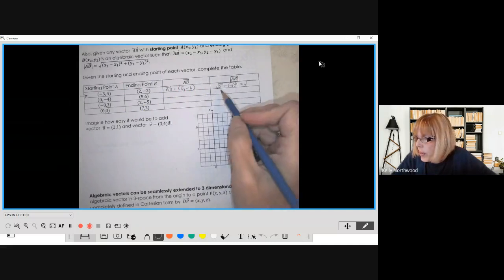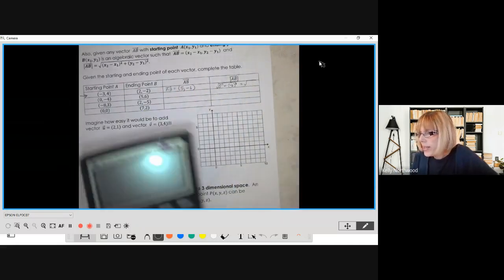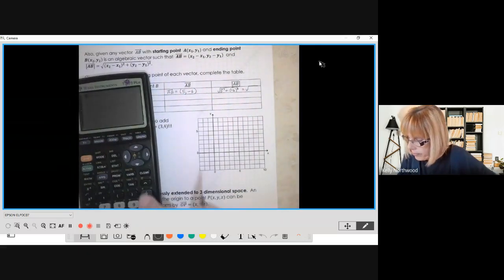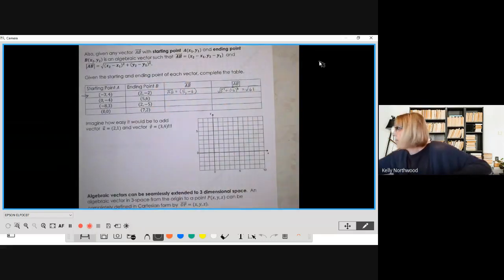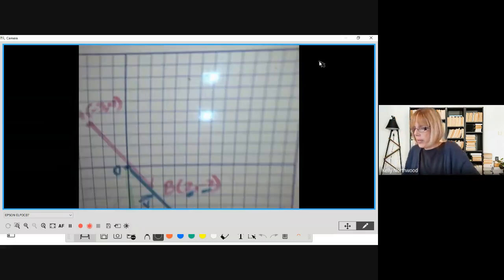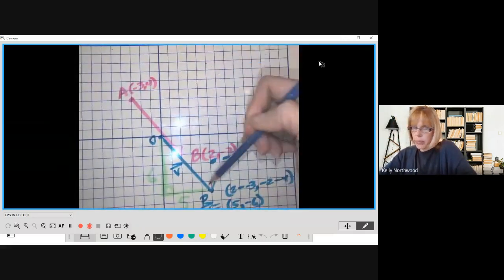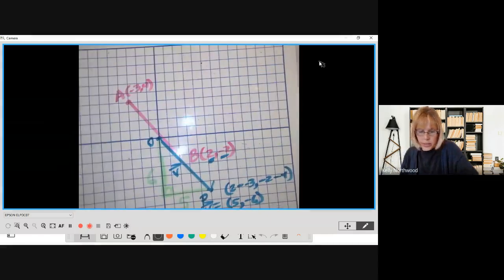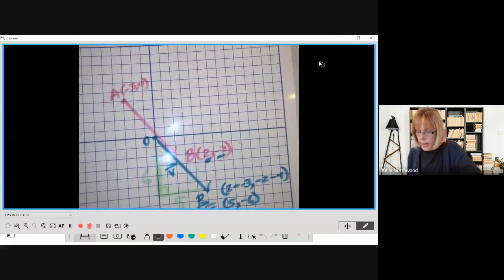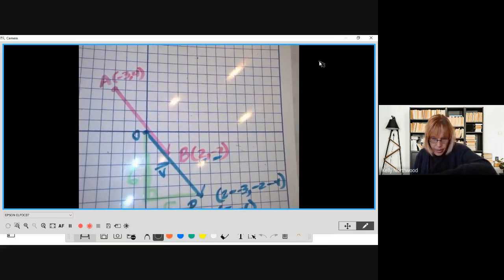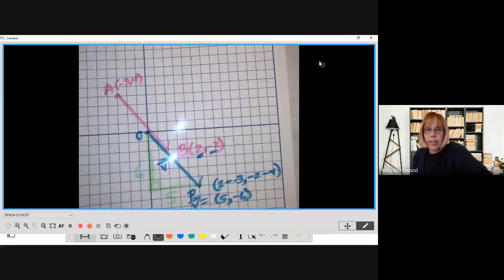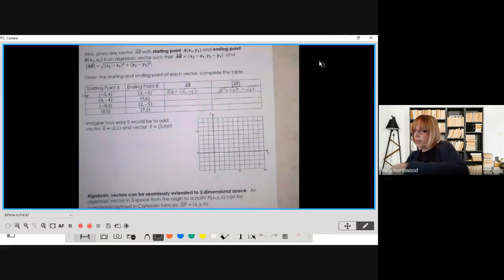So this is really the square root of 25 plus 36, or the square root of 61. So the length of this vector, I'll show you one more time here, the length of this pink vector or this blue vector, which is the algebraic vector, is the square root of 61 units, which is approximately 7.8 units long. Okay.